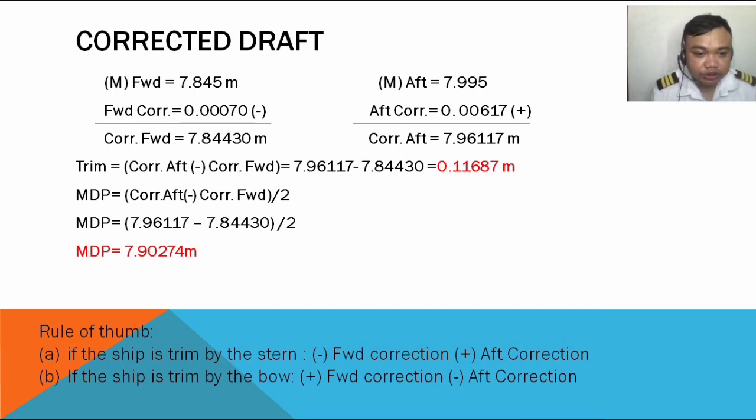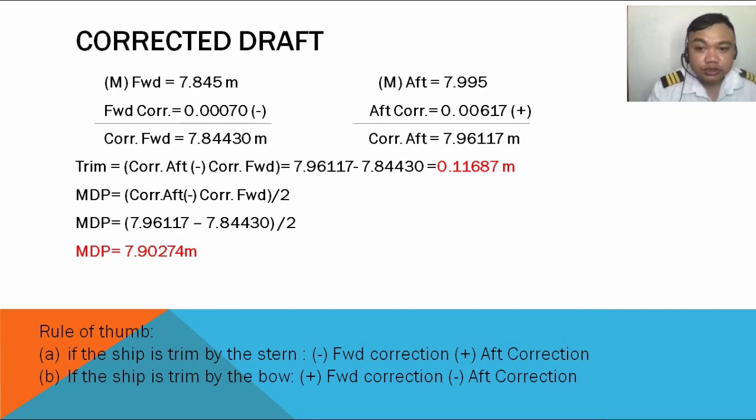So in this example, we are trimmed by the stern, so we need to subtract the forward correction and add the aft correction to the mean aft draft.